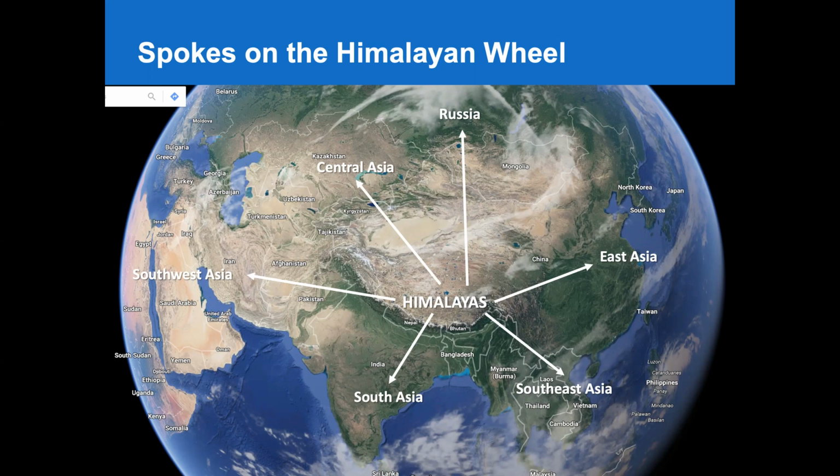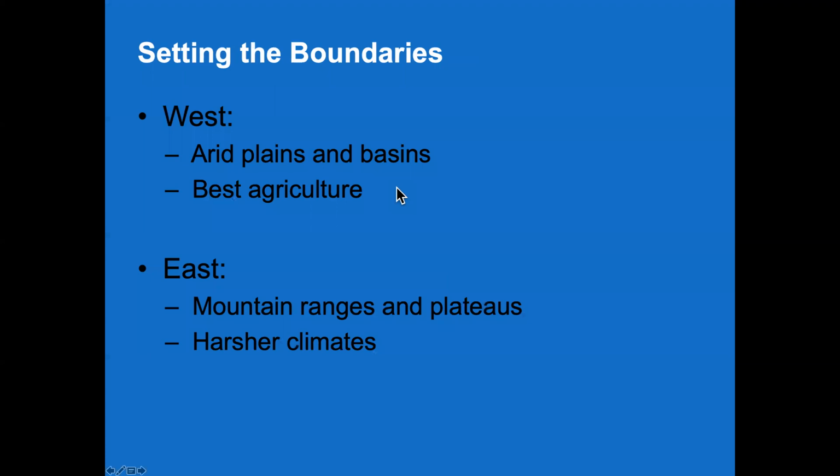The Himalayas are the birthplace of some of the most significant rivers on the planet, including the Indus, the Ganges, the Brahmaputra, the Yangtze, and the Yellow. In many places, the water is on one side and the other side is very, very dry. So that matters. Setting the boundaries, the west is arid and flat. The east is wetter, more mountainous, and harsher in climate.